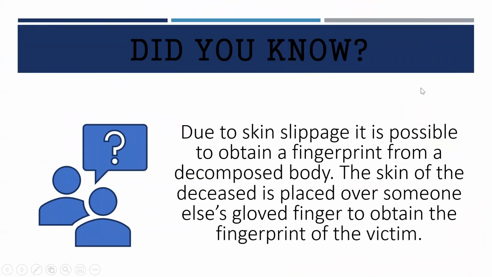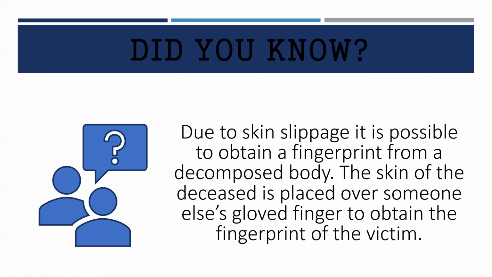So, as I said before, you don't need to write these down, but just a fun fact, due to the skin slippage that occurs in the active stage of decomp, it is still possible to actually obtain a fingerprint from someone who is decomposing. Basically, what they do is they take the skin off of the finger. It's kind of falling off anyway, and they place that skin over someone else's hand that has a glove on, and they fingerprint that way.